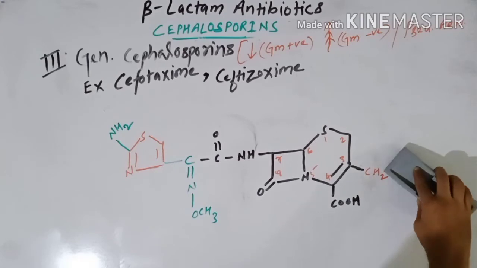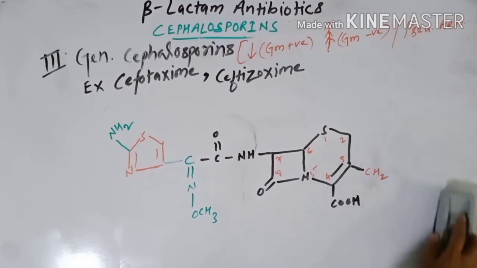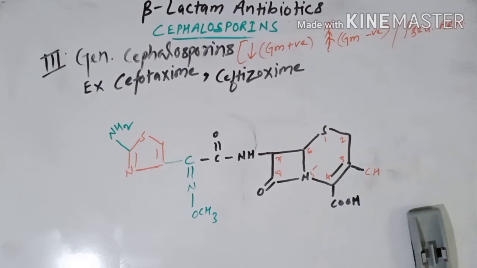Here the whole acetoxy group is substituted with only a methyl group. Then the whole structure remains as such, same thiazole, same amine group, and same carbon bonded with a double bond to nitrogen and then methoxy group. So this is the structure of cefotaxime.